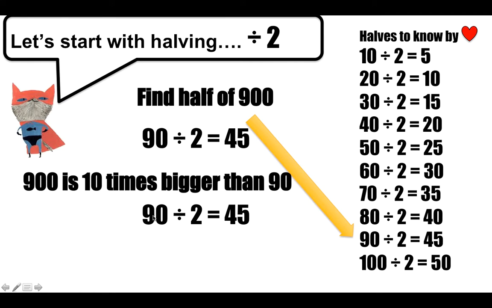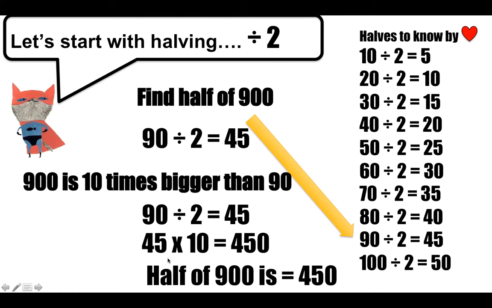So if I know that half of 90 is 45, I need to multiply 45 by 10 to find half of 900, because 900 is 10 times bigger than 90. That gives me the answer: half of 900 is 450.